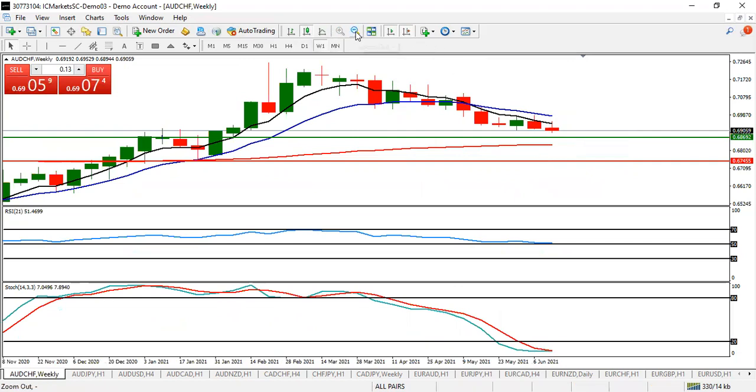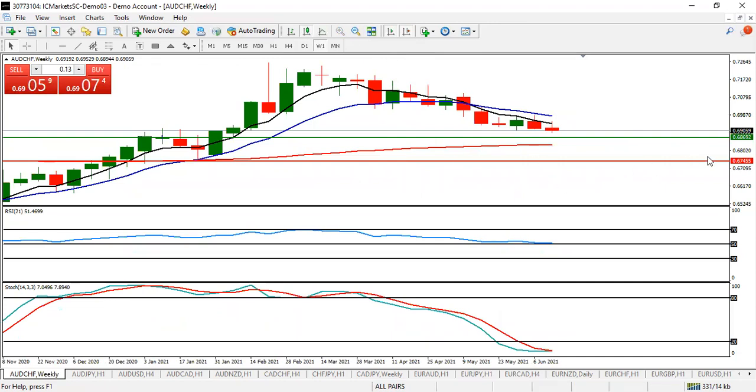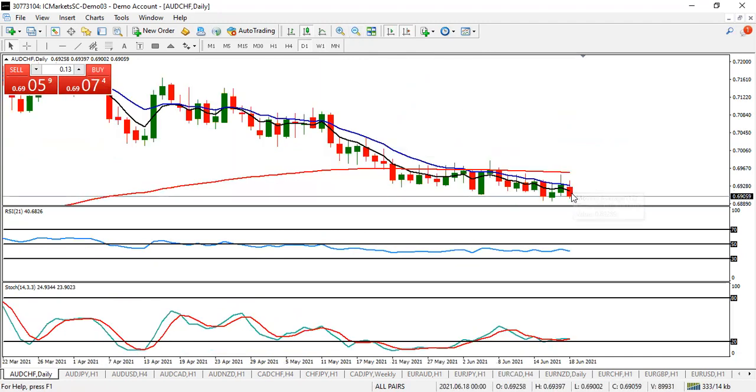If the push down happens, we expect it to come down to where we have this red support at 0.6745.